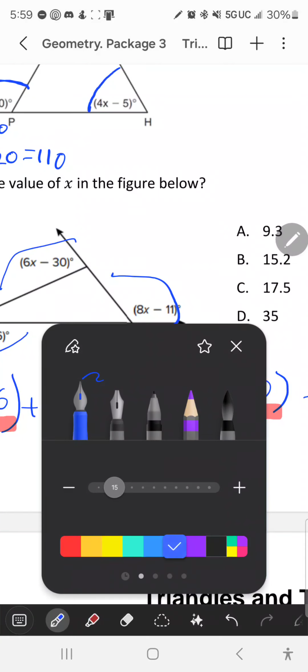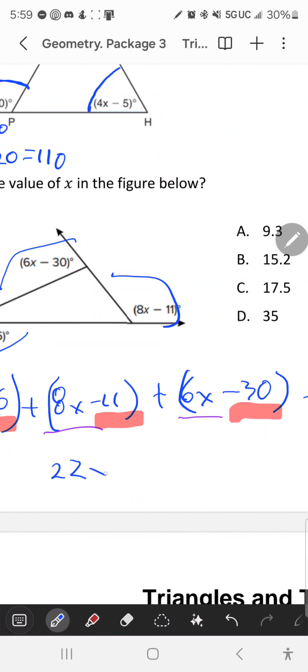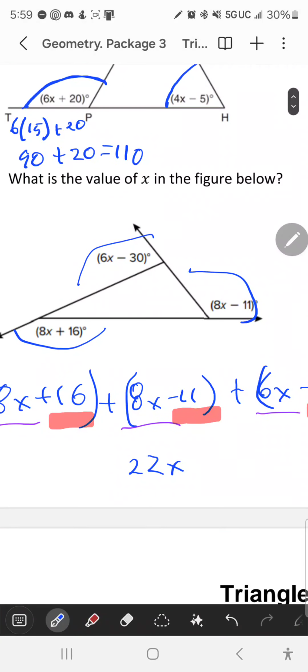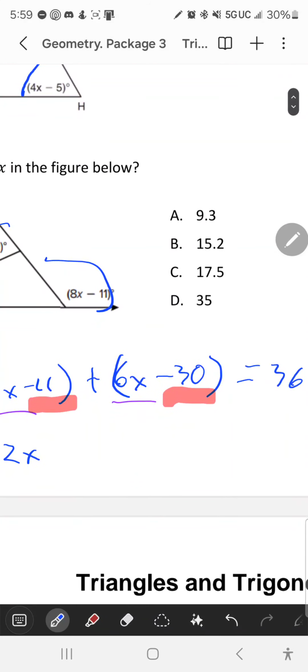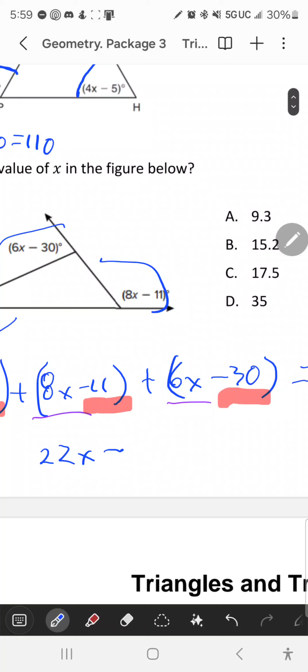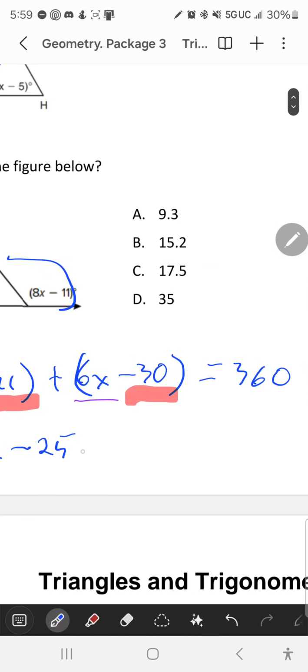Okay, let me go back to the blue. Okay, 22x. Now, 16 minus 11 is 5, and 5 minus 30. They have different signs, so we keep the sign of the greater one, which is 30, so negative. 30 minus 5 is 25, so minus 25. And this equals 360.